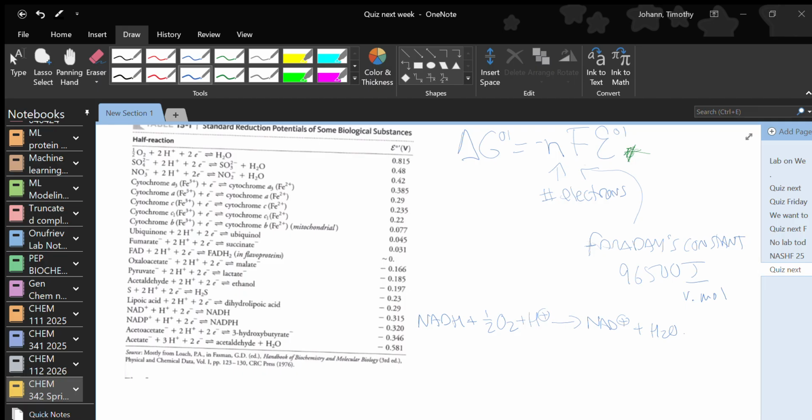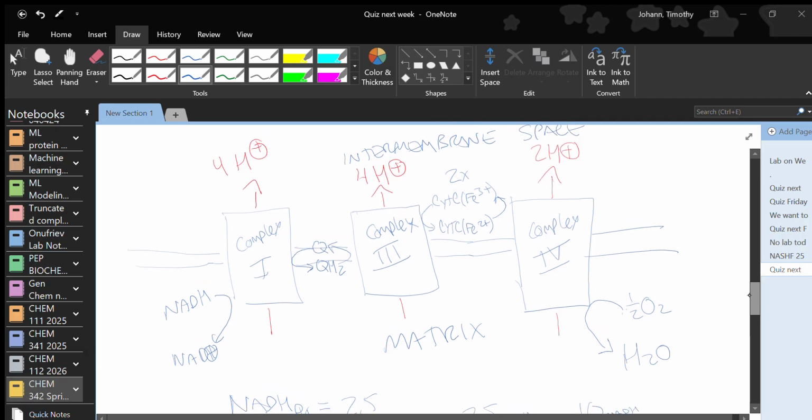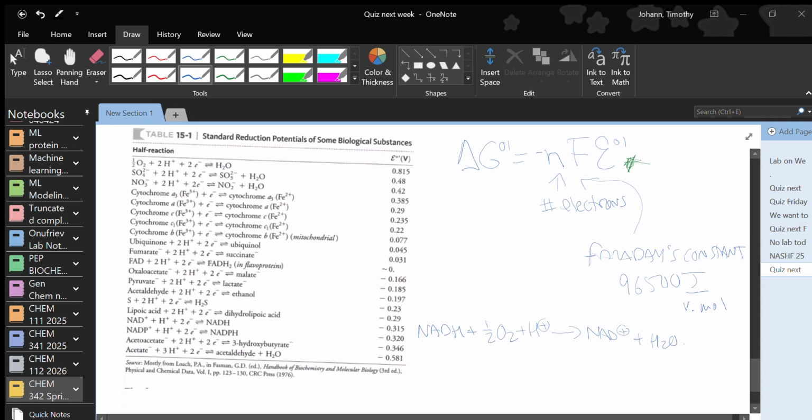If you take one of these half reactions and multiply it by a number, like what we're doing with our cytochrome C reaction, where we have two of those that happen, what happens to the potential if we have two of them? It does not change. The way to think about this is a water tower. The height of the water tower is the potential energy of that water tower.